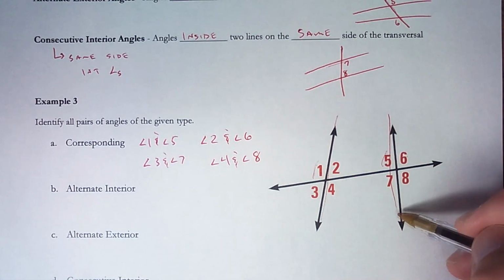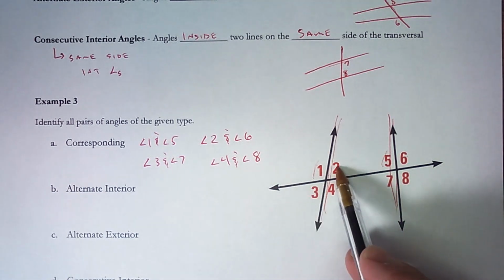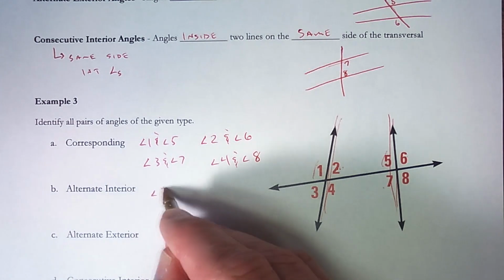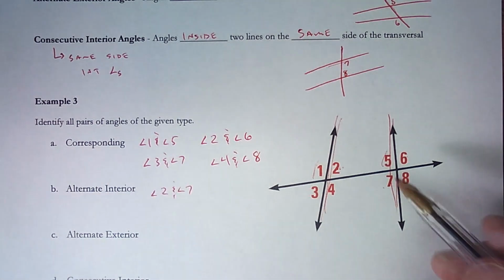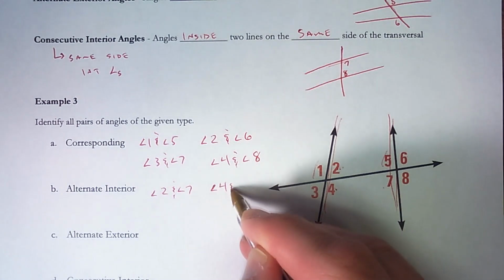Alternate interior. Now they have to be between these two lines and on opposite sides of the transversal. Alternate interiors are like 2 and 7, or 4 and 5.